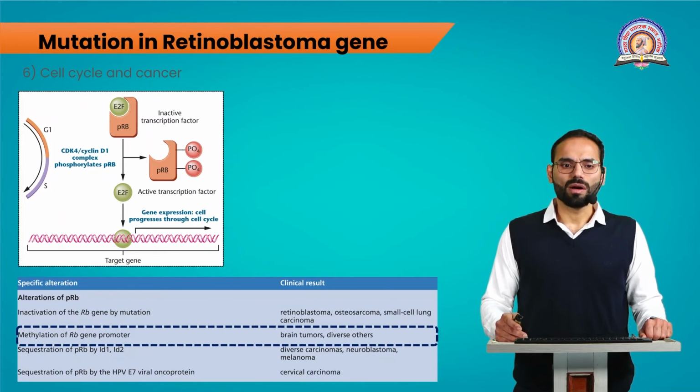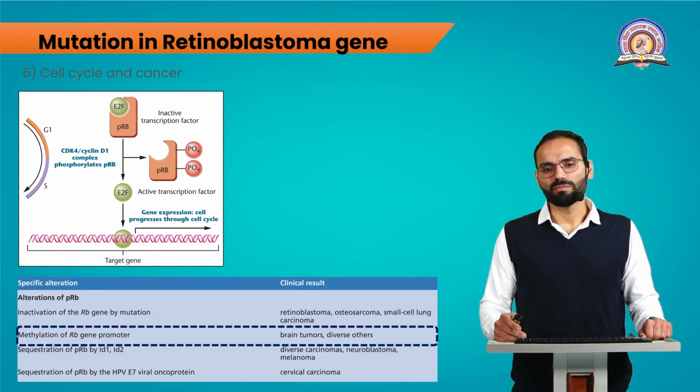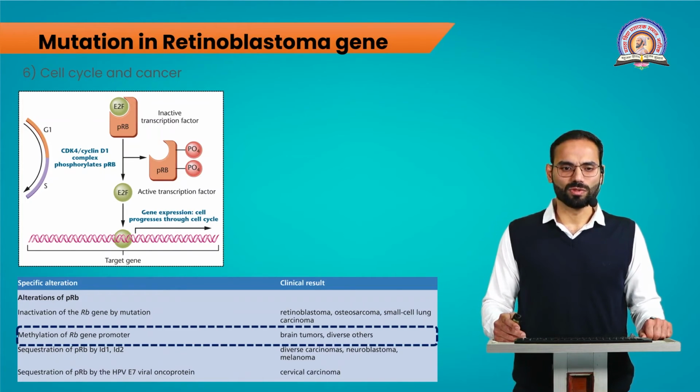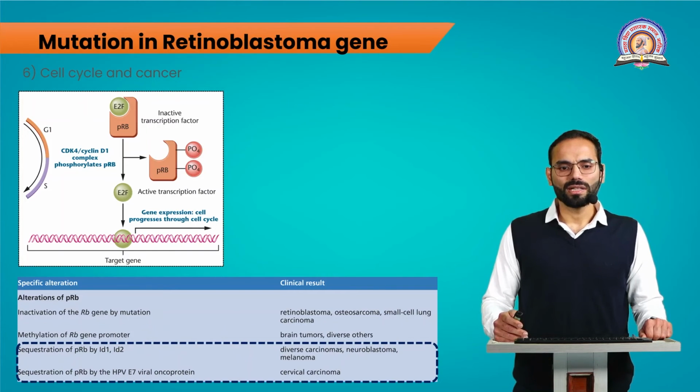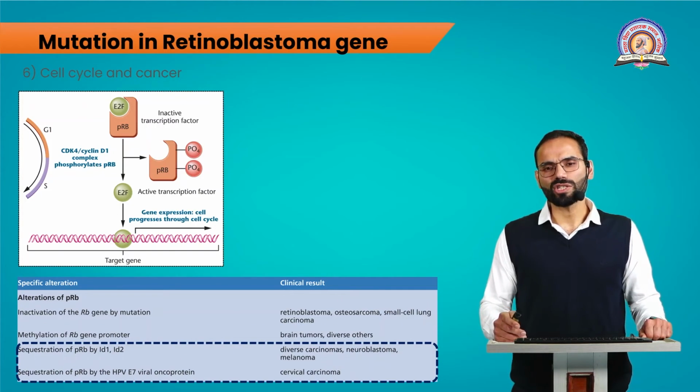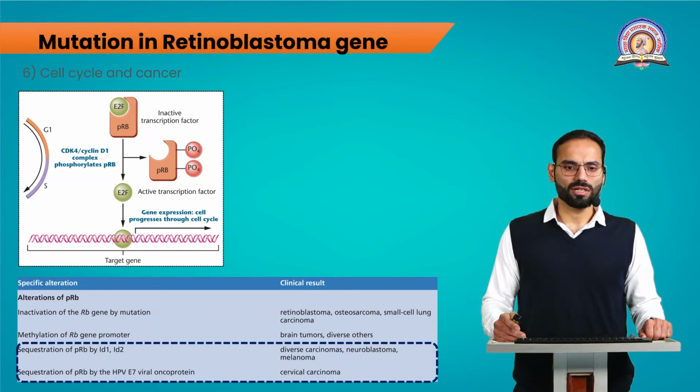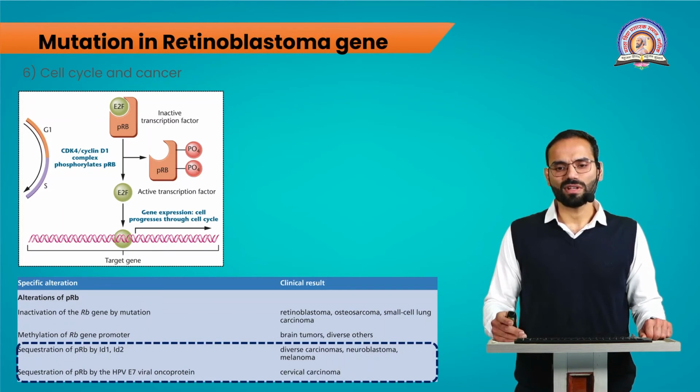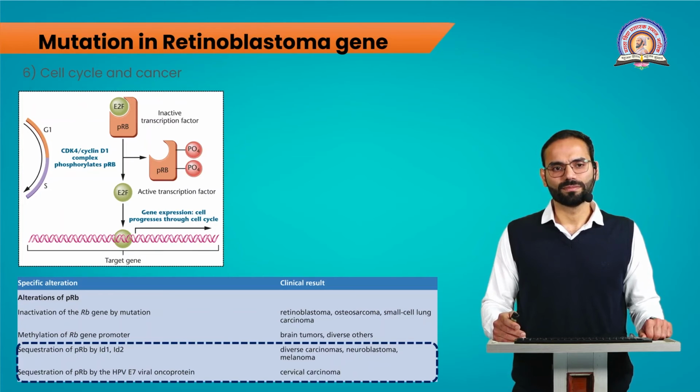And there is also methylation of the retinoblastoma gene that results in its complete repression, and that has been found in brain tumors as well as diverse types of tumors. In the third, the retinoblastoma protein has also been sequestered by ID1 and ID2 proteins, and also by the E7 viral oncoproteins. And that has resulted in many different cancers such as neuroblastoma, melanoma, as well as cervical carcinoma.